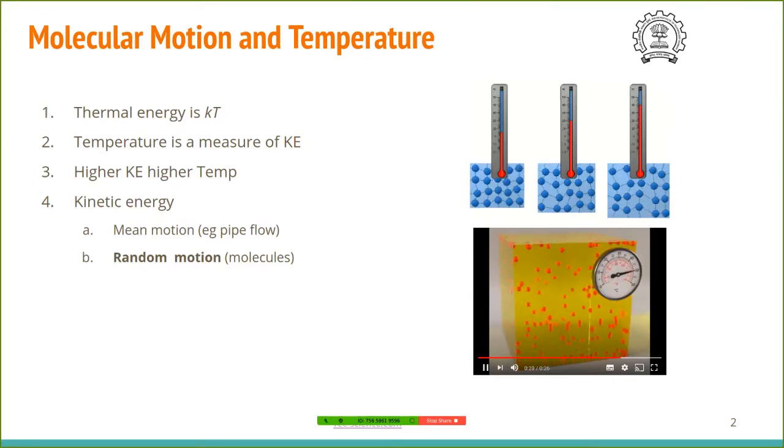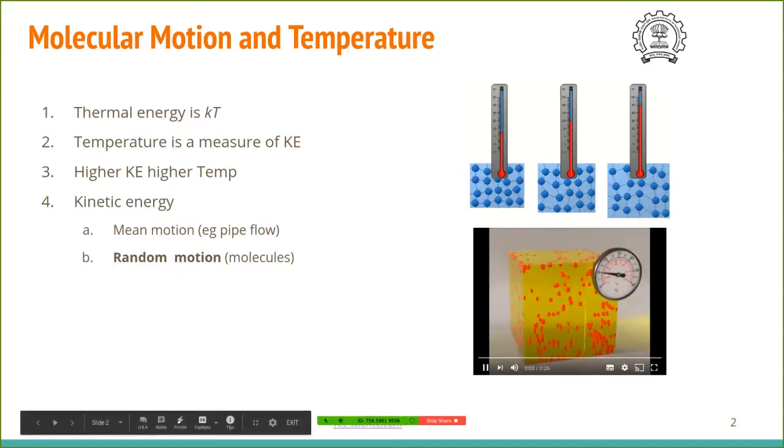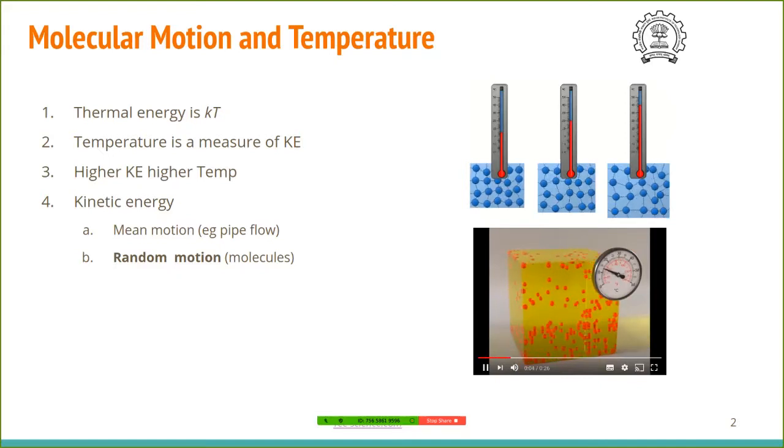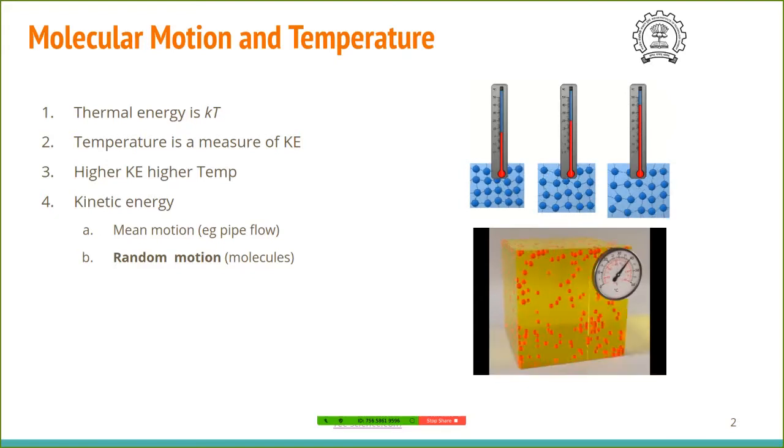Notice that there is no mean motion; the entire box is stationary. However, the random motion of molecules is initially slow, and as the temperature is increased, the random motion also increases.